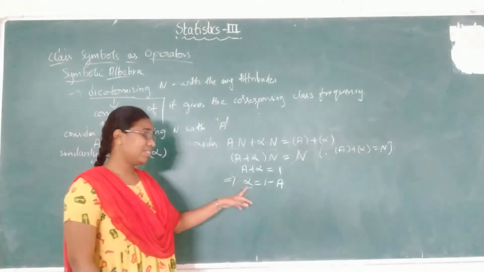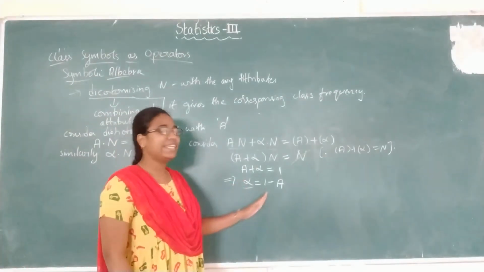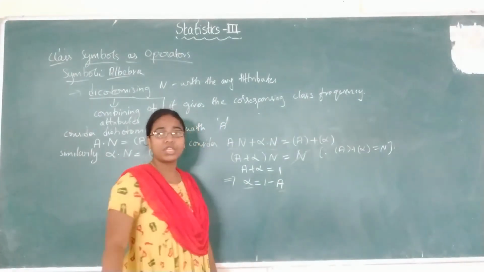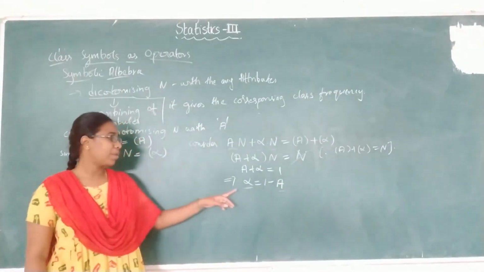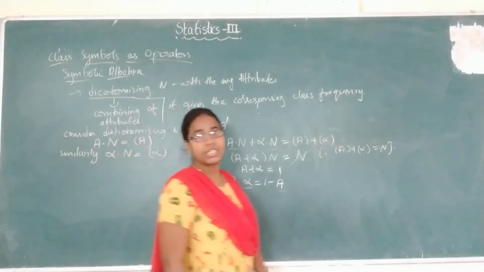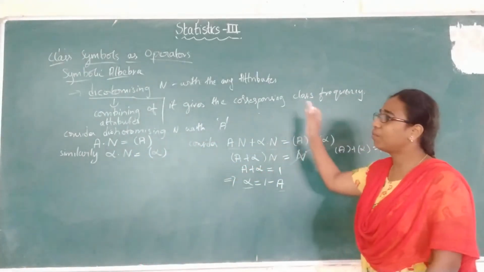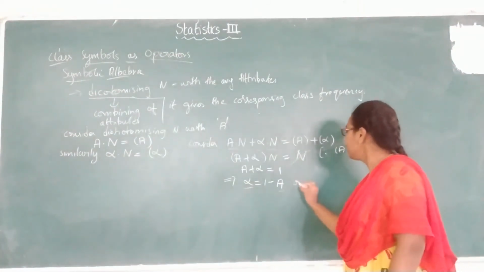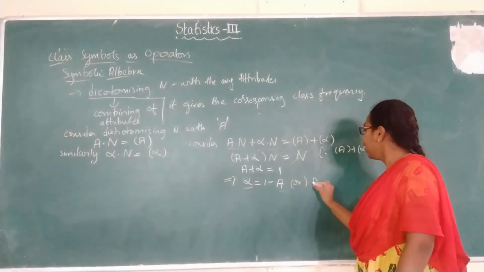So express these negative classes in terms of the positive classes. Here A is a positive class, so I am expressing a negative class in terms of a positive class. For that purpose, we will be using symbolic algebra.